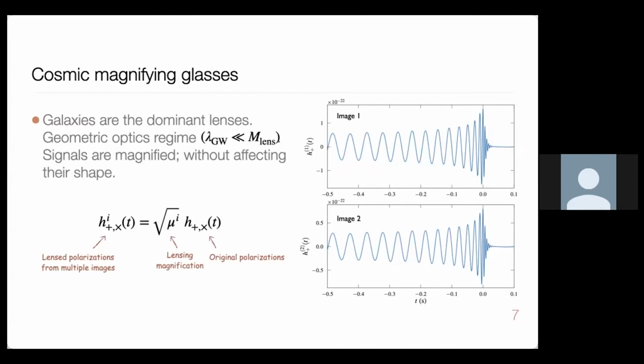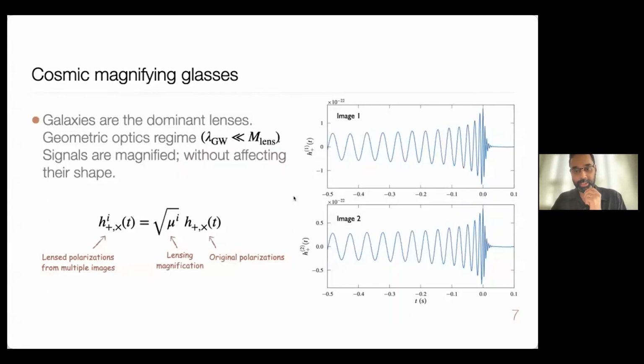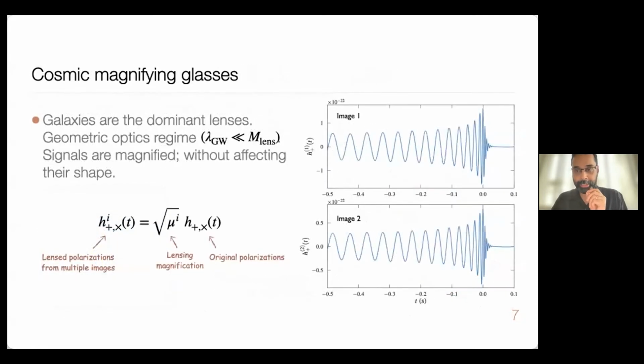That is what you can measure, right? No, it does not affect the frequency profile of the signal. What it changes, at least in strong lensing in the geometric optics, is that it introduces a magnification to the signal, and it also introduces a time delay, which is different for different images.